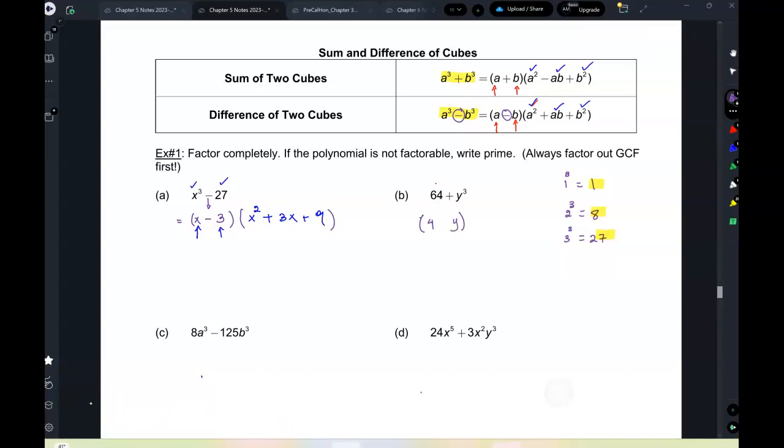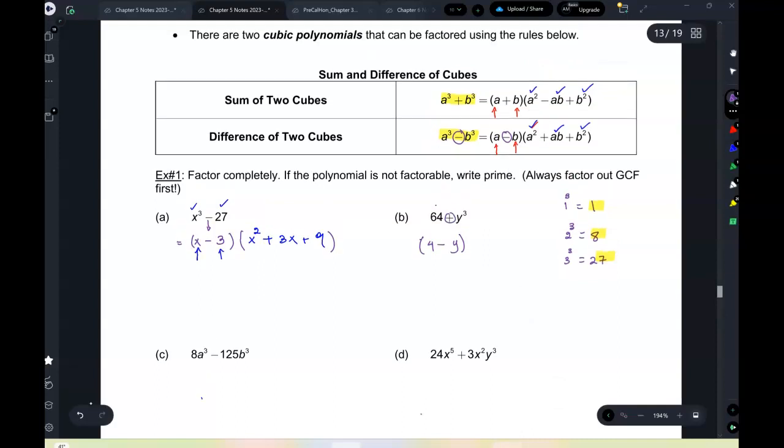Okay, now, if you have a plus here, you've got to have a plus here. Now, let me erase these and get it out of the way. So the cube root question is, you got it?